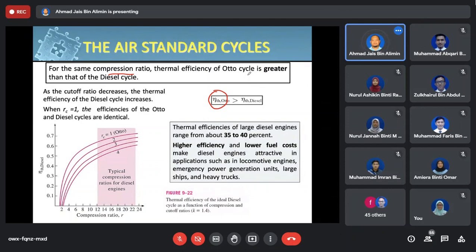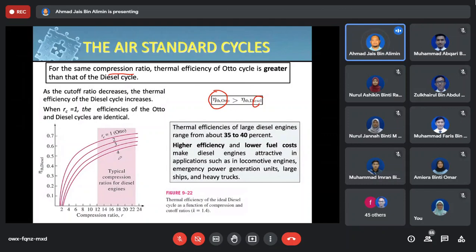However, the thermal efficiency of large diesel engines ranges from 35 to 50%, with high efficiency and low cost. But in terms of fuel economy, diesel is better than the petrol fuel or the Otto cycle.